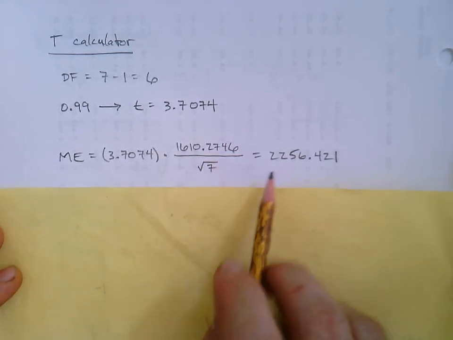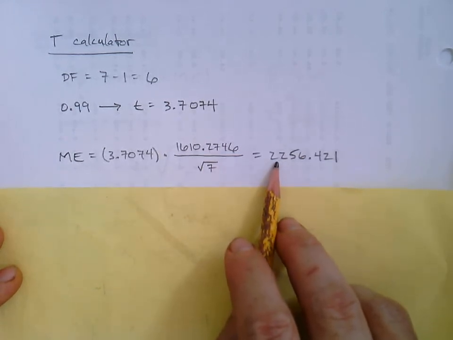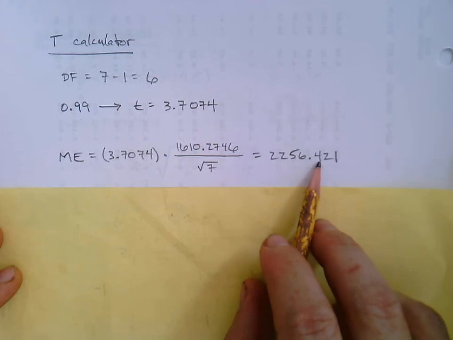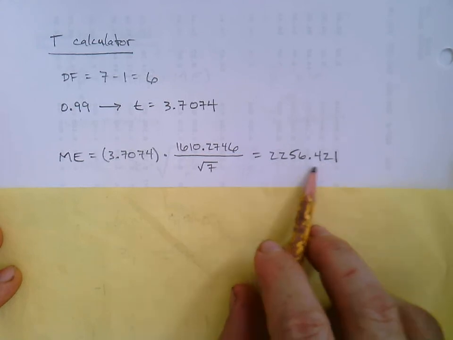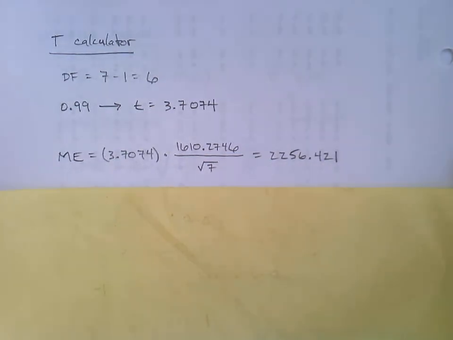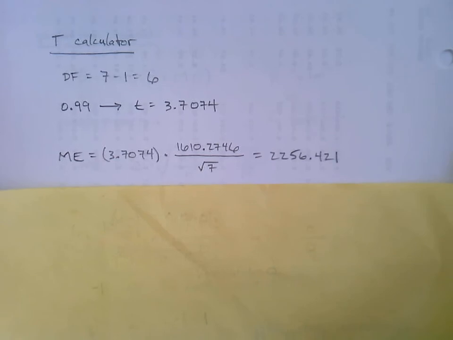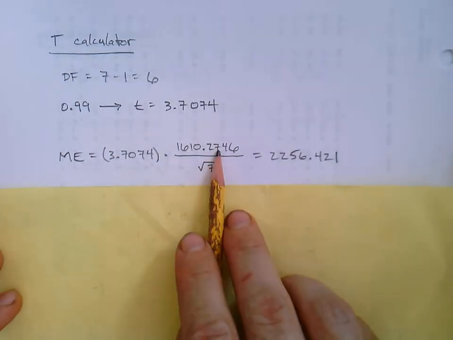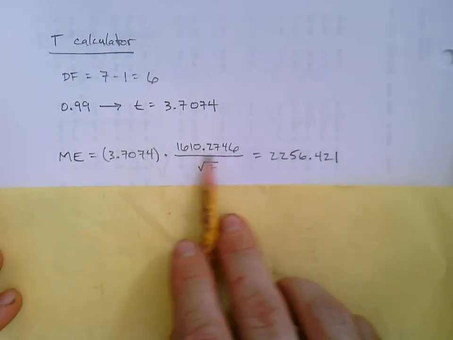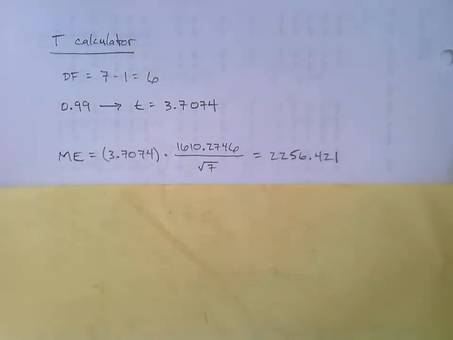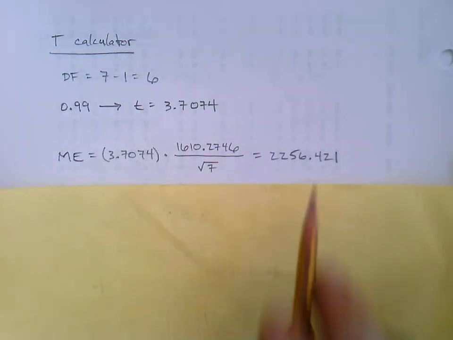Let your calculator do that work, and you should get 2,256.421. There I rounded to 3 decimal places because that's what the problem wants. I prefer not to round these numbers earlier, like the sample mean and sample standard deviation. Just take all of the digits that StatCrunch gives you. But at this point, you want to round it to 3 decimal places.